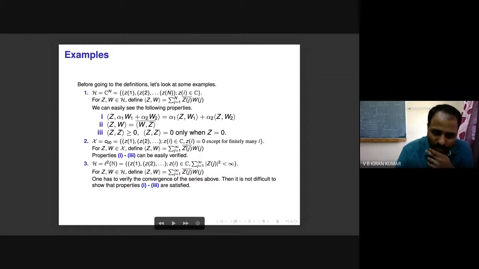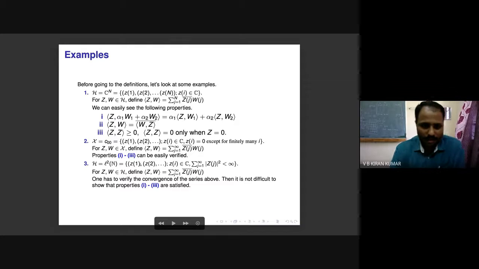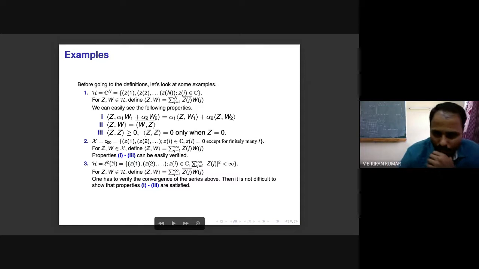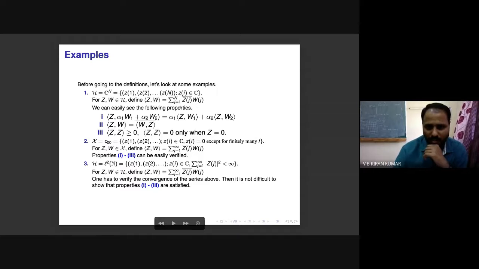Now the third one, the most important one, L2 of N. We have already introduced Lp spaces. Here we consider the case when p equals 2. So Z1, Z2, etc., the sequences of complex numbers which are square summable. Here you just extend the definition in C^n to the infinite dimensional setting: inner product of Z and W equals summation Zj bar Wj.